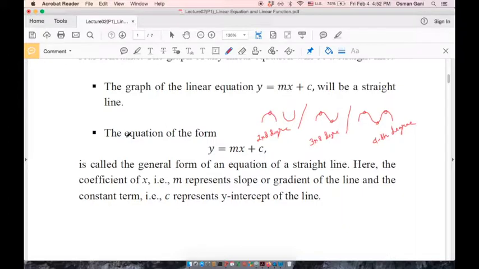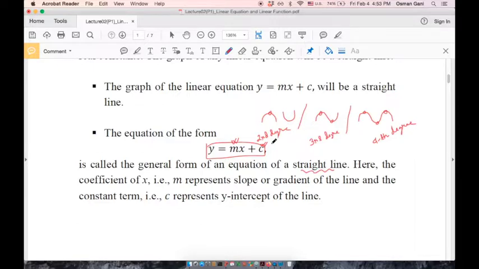Now let me say it again. An equation of the form y equal to mx plus c is the general form of an equation of a straight line. And here the coefficient of x is the slope or gradient of the straight line, and c is the y-intercept of the line.